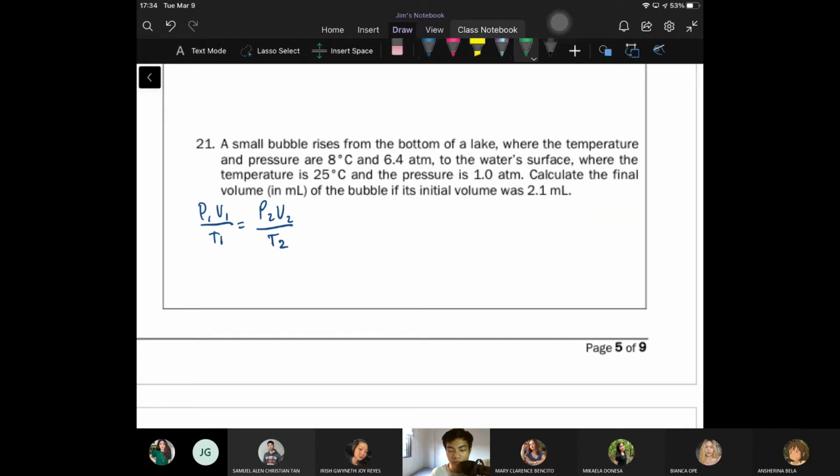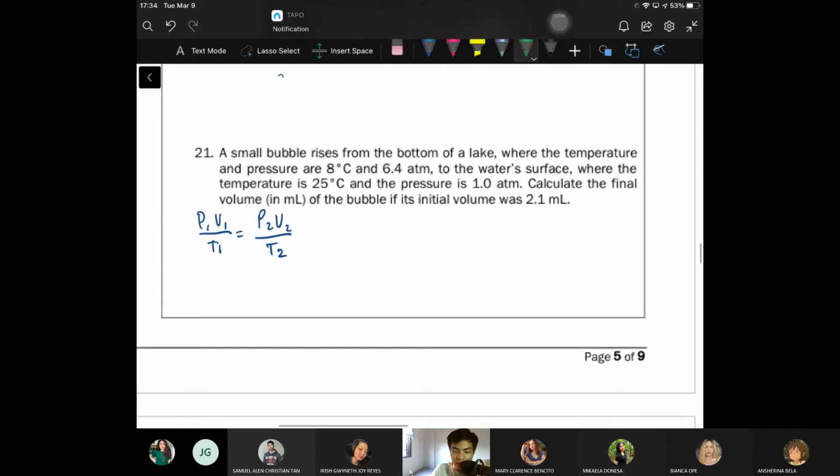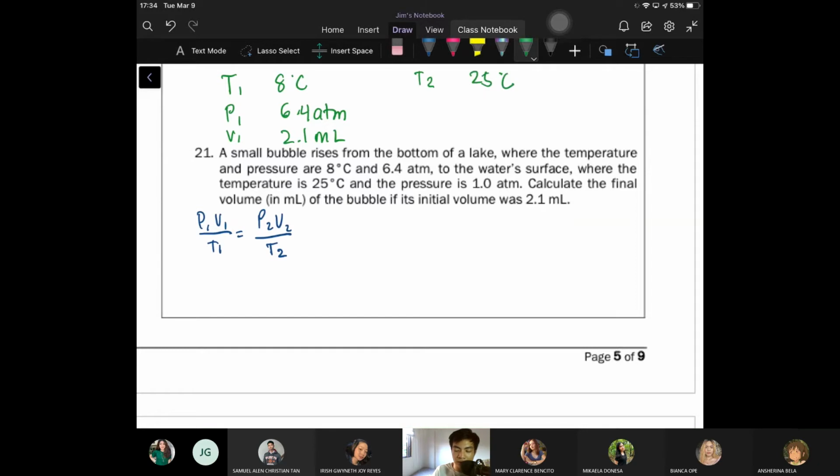Okay, labelan natin yung mga given. Yung 8 degrees Celsius, that is temperature 1. Pressure 1 is 6.4 atm and the volume 1 is, according to the problem, 2.1 ml. Final temperature is 25 degrees Celsius.